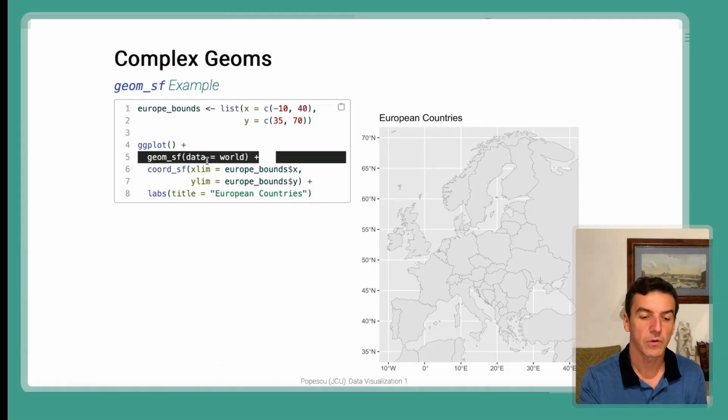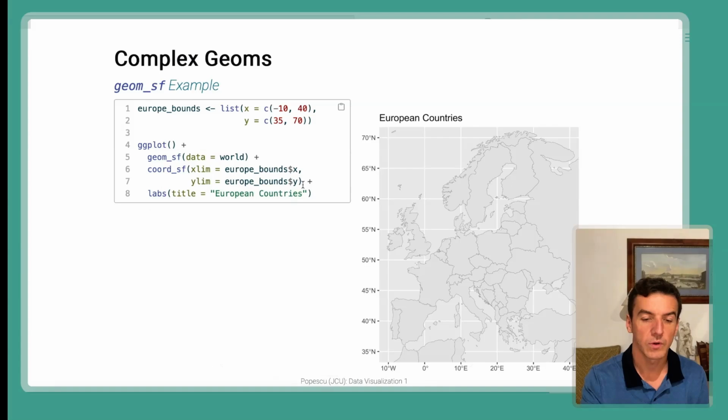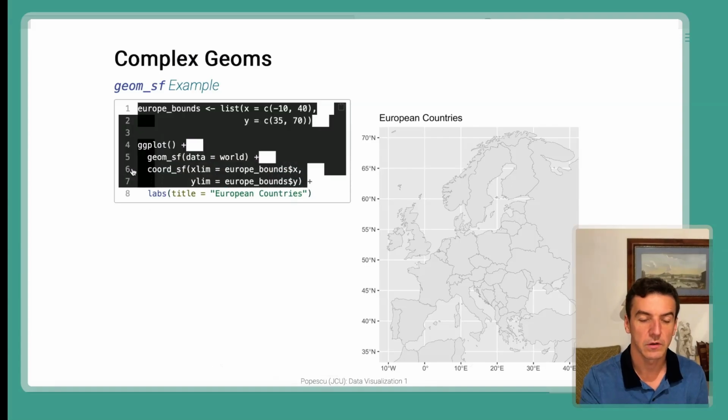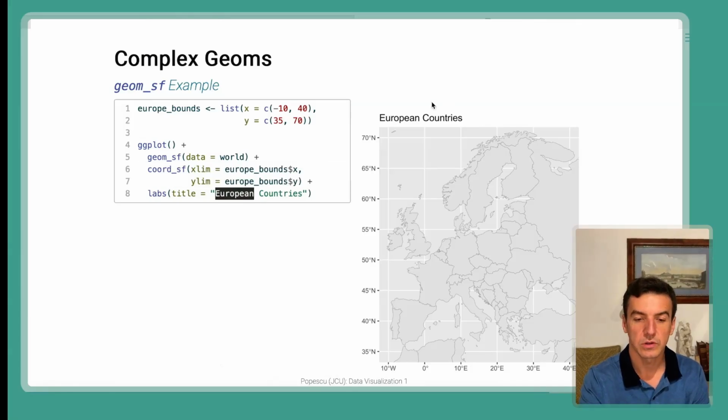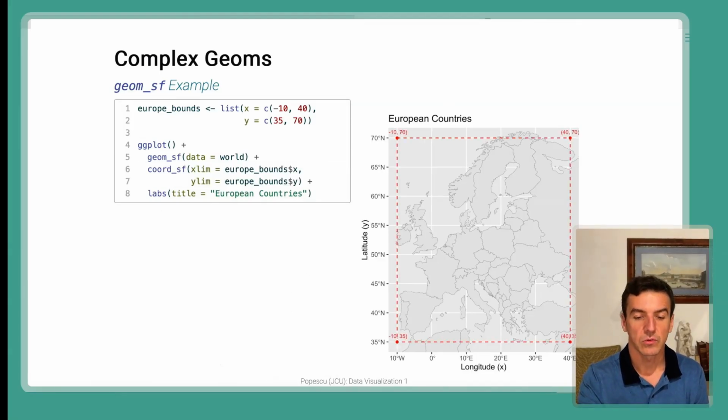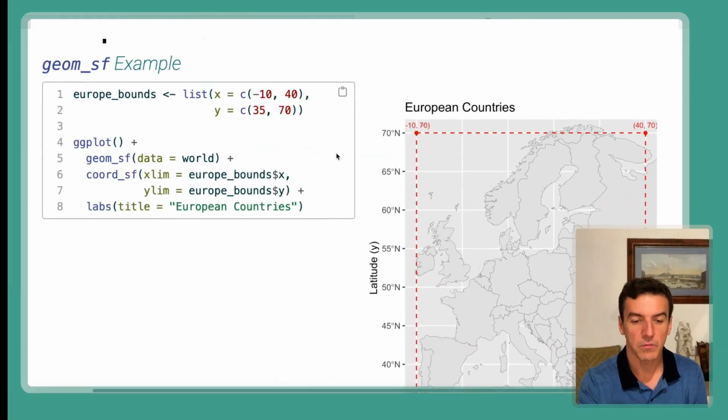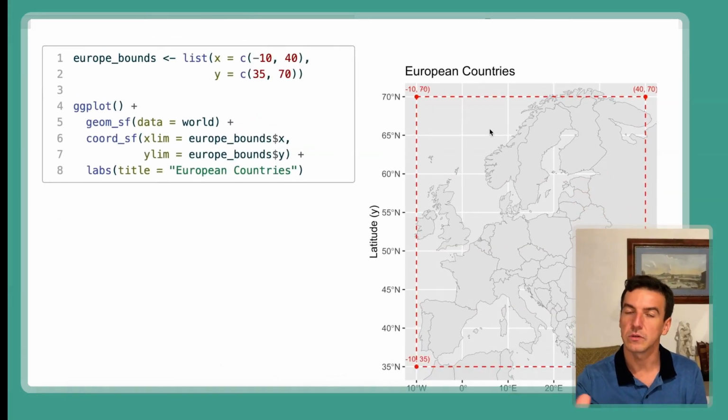As before, we have the Geom SF with data equals world. Then we tell the program that we want a specific extent for our map. And then we also want to add a title to our graph. So this is how these numbers reflect into the extent of the map.